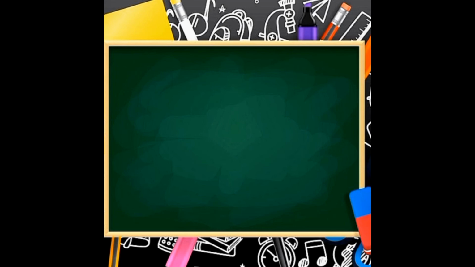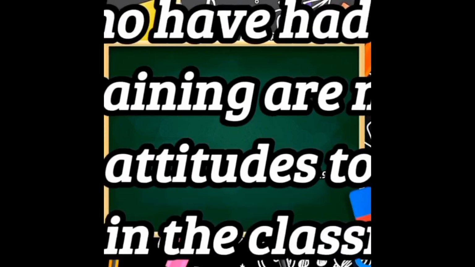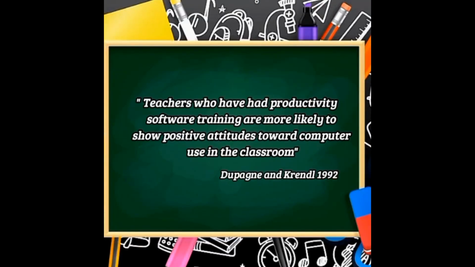Before I end my presentation for today, I am going to leave a saying by Dupagne and Crandall, 1992: Teachers who have had productivity software training are more likely to show a positive attitude toward computers in the classroom.